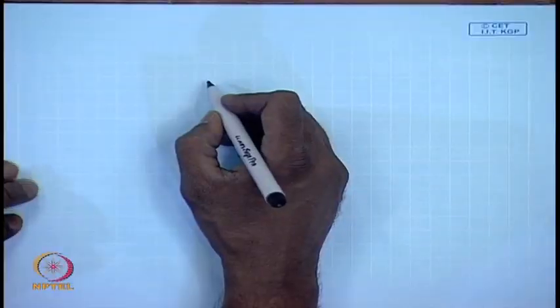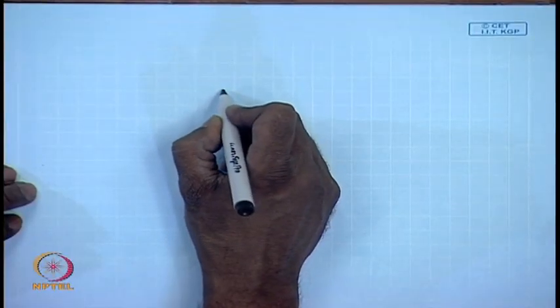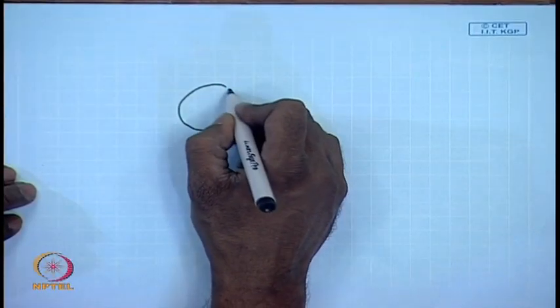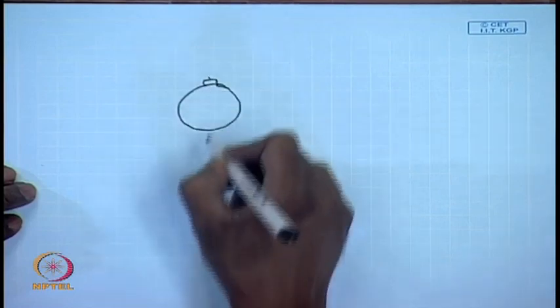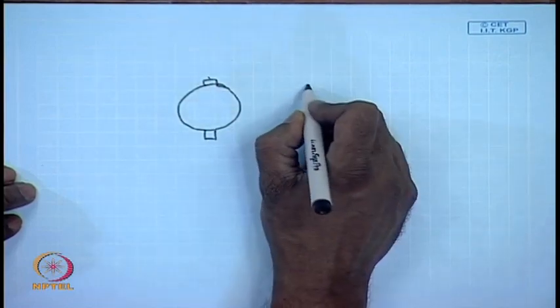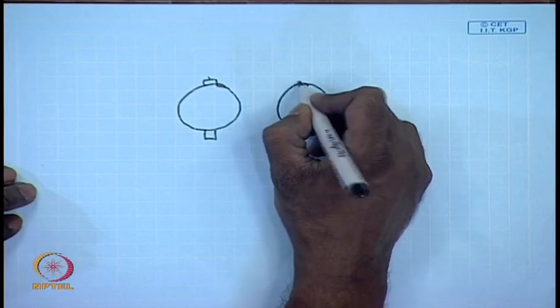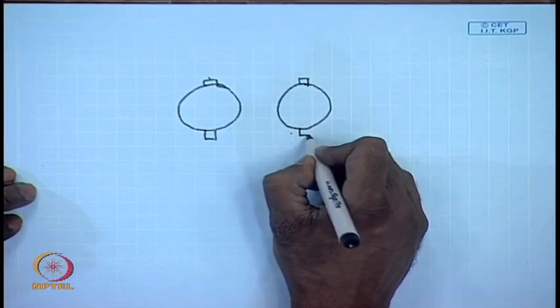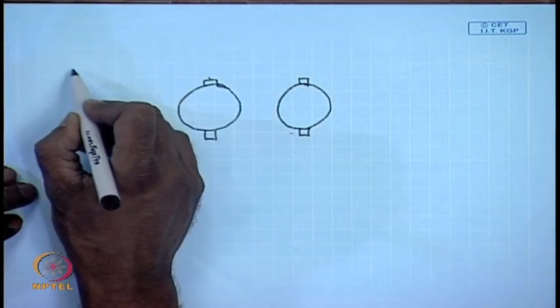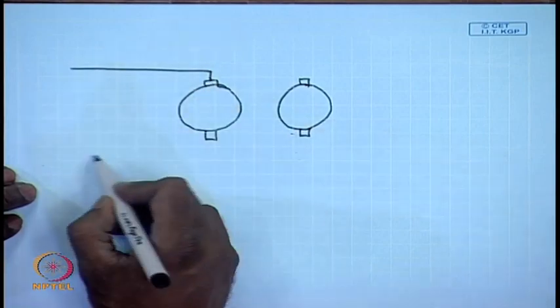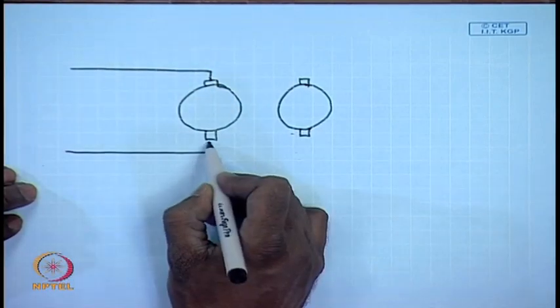Therefore, suppose now I connect two such machines back to back, mechanically coupled, and supply from two DC sources.